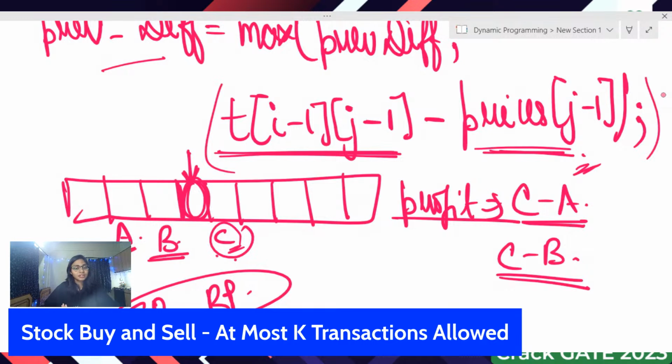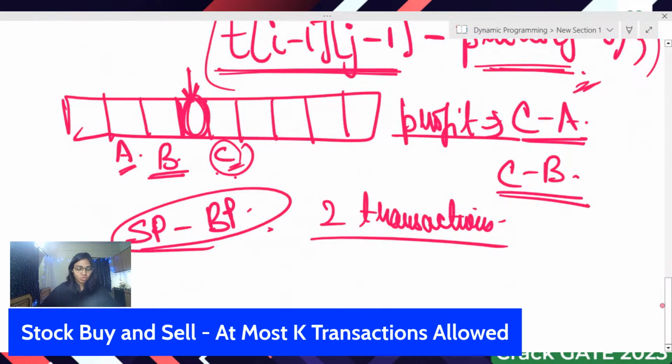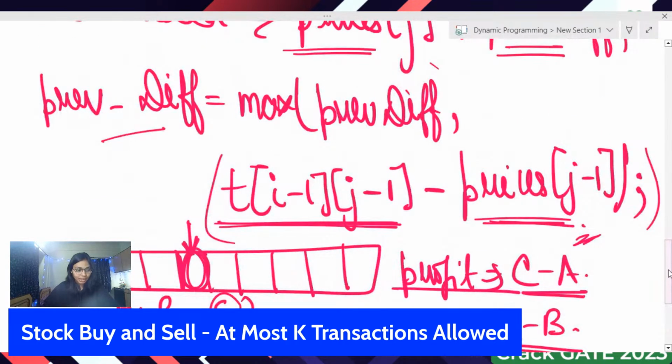It is basically the same thing that we did for the two transactions. It is just that we need to calculate it again and again. In two transactions it was simple: do one traversal from front to back and one traversal from back to front, and we were done. But here you need to do the traversals again and again.